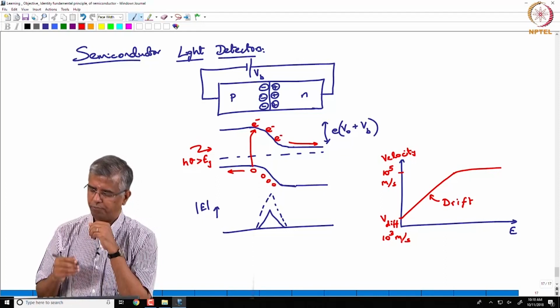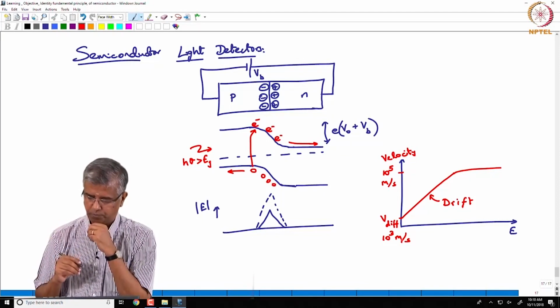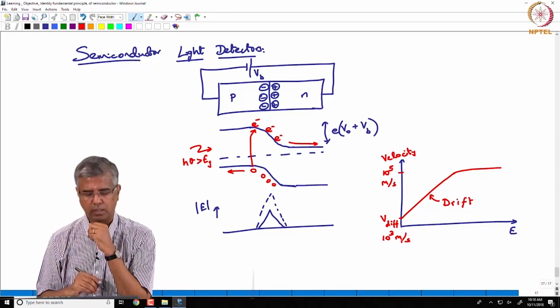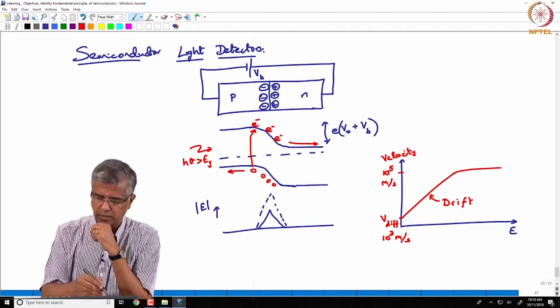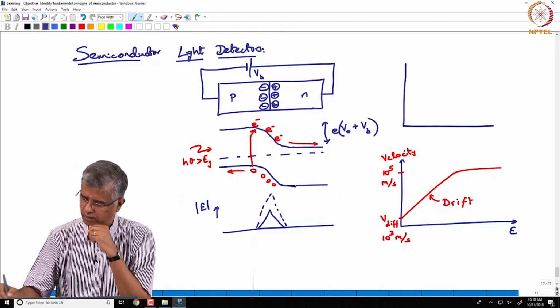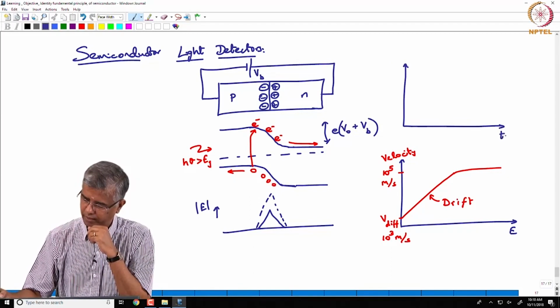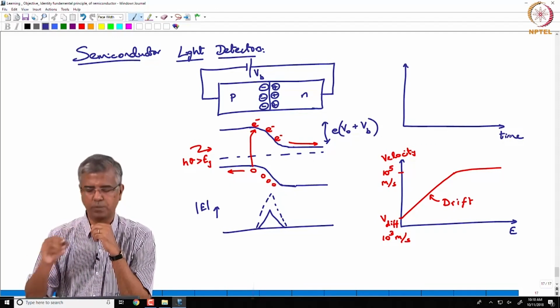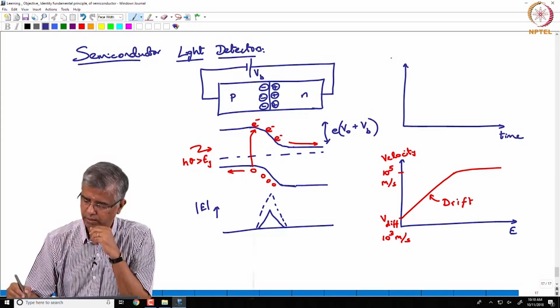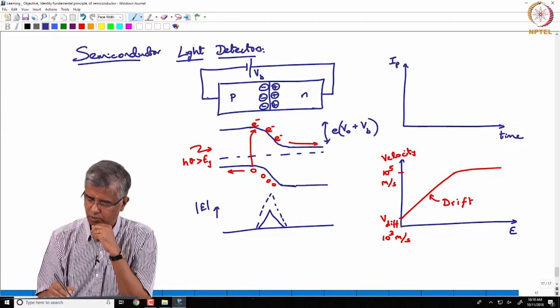Now, what is the effect of that on the response of this photodiode? We can look at that effect in terms of time, the temporal response. So, let us say this is actually the photocurrent.